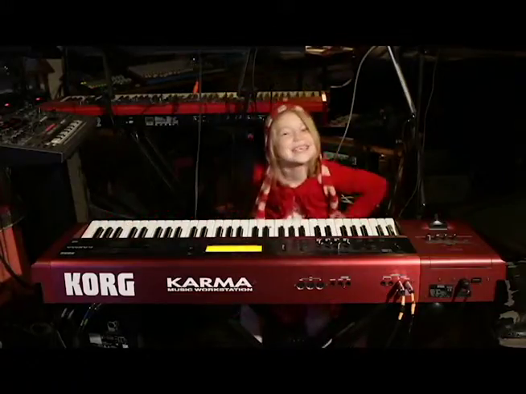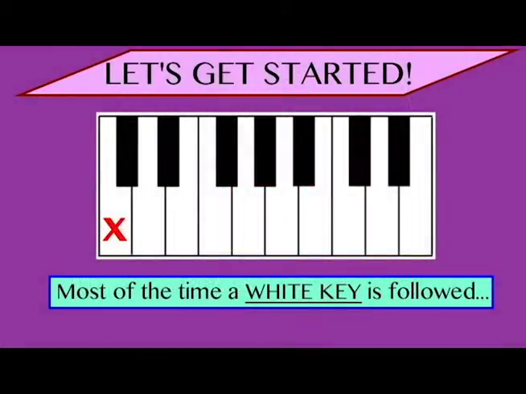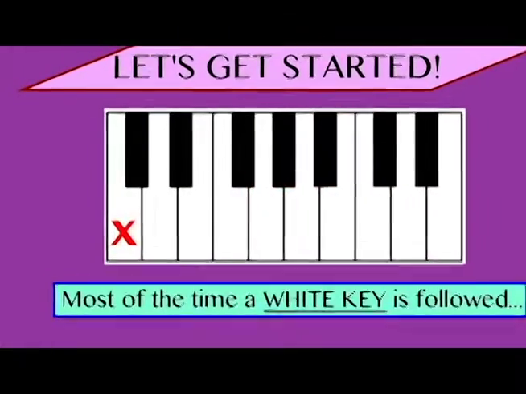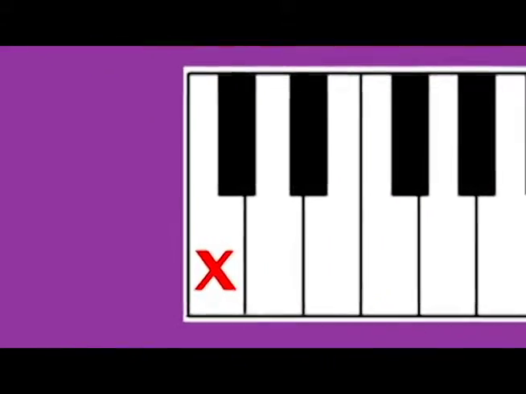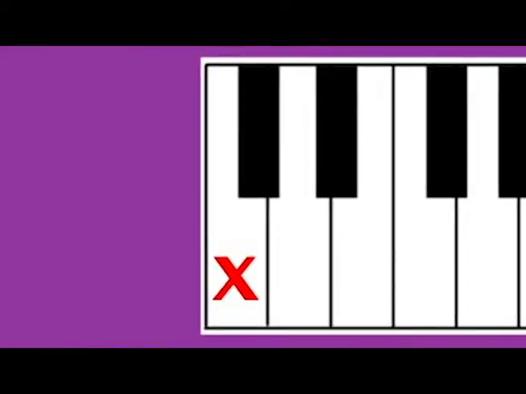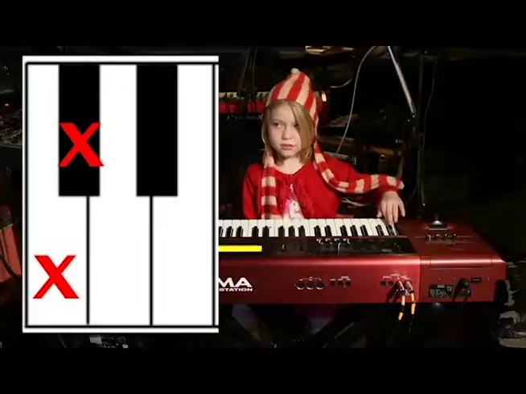Okay, good job. Now look at the pattern of those black keys and the white keys. Most of the time you have a white key followed by a what? What comes right after a white key most of the time? Look at those 2. Black key. Yeah!